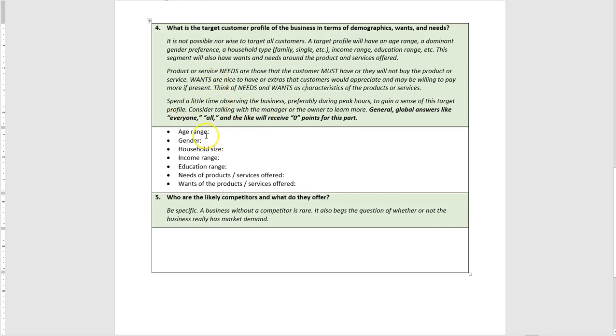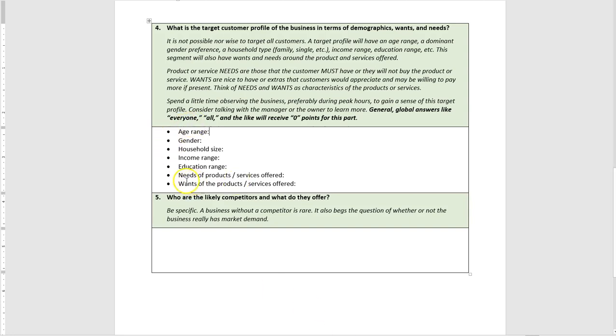However, if you say all or everyone and the like, you will receive 0 points for this part because that is simply not the case for businesses. If you are unsure of what to put here, go ahead and consult with the manager or the owner of the business. They will typically have a very good sense of who they are trying to target.